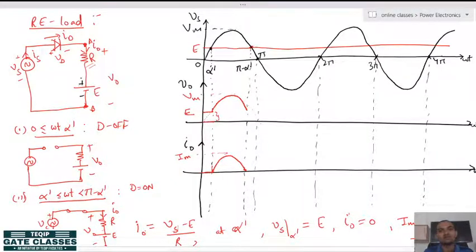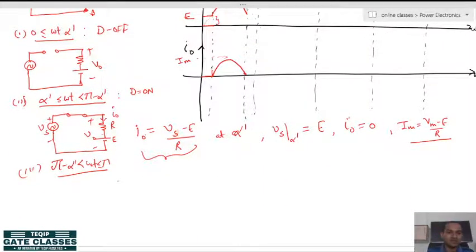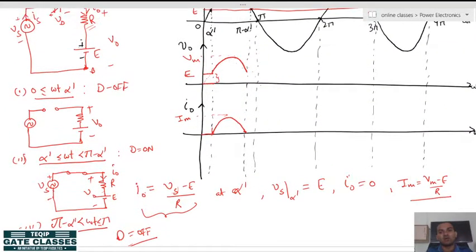No, as soon as this E value supersedes the source value, this diode voltage will become again negative and the diode will become reverse biased, meaning again at this point the diode will be off. So, when the diode will be off at this point, again the circuit will be like this, and again the output will comprise of only EMF, battery EMF, but load current will be 0.